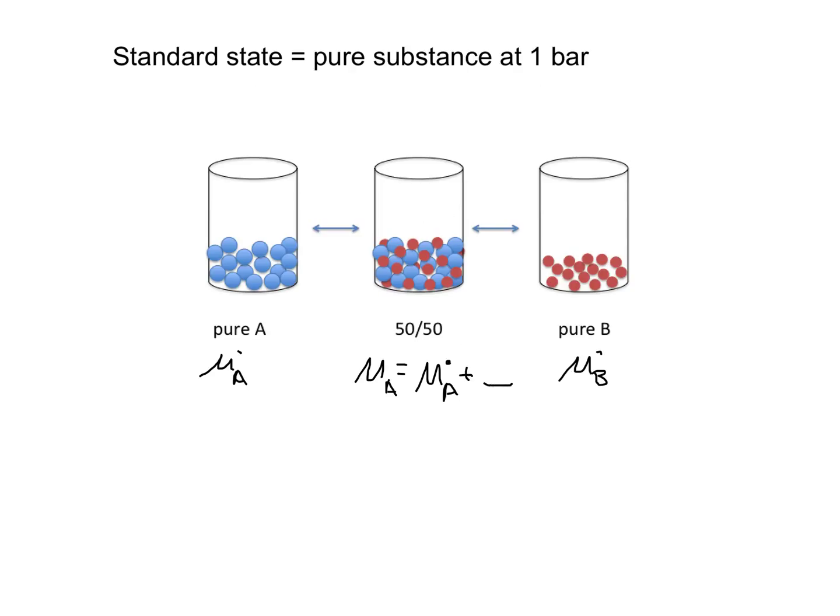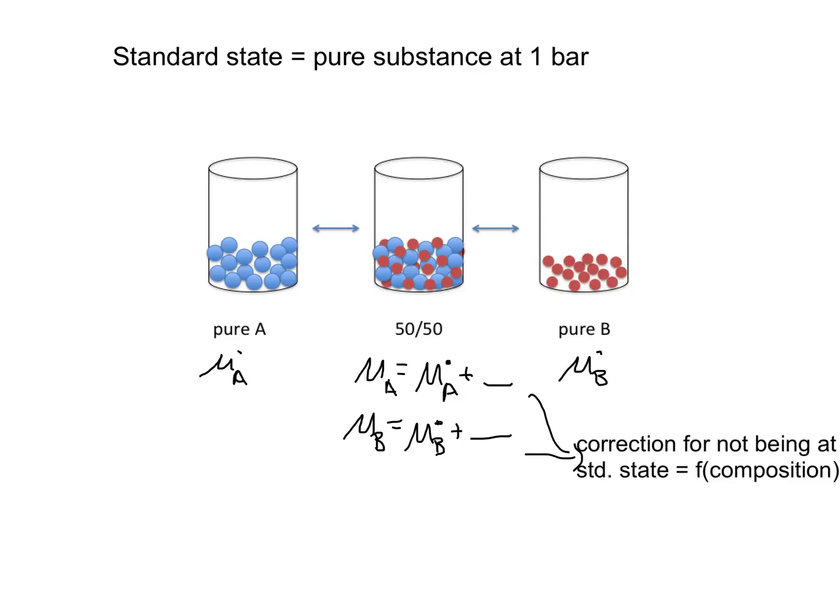Likewise, in the mixture, the chemical potential of component B is the chemical potential of pure B, our reference state, plus a correction for not being pure. This correction term for not being a standard state is a function of the composition of the system.